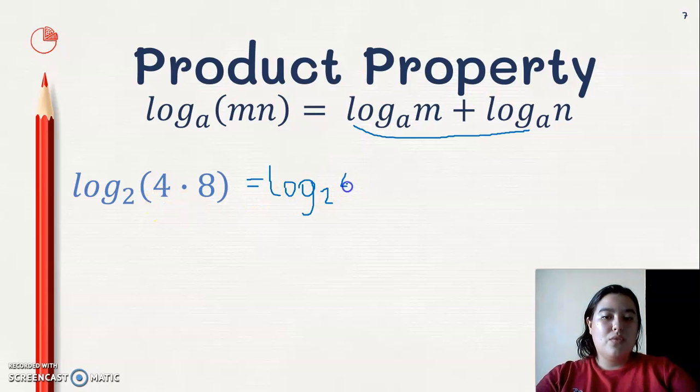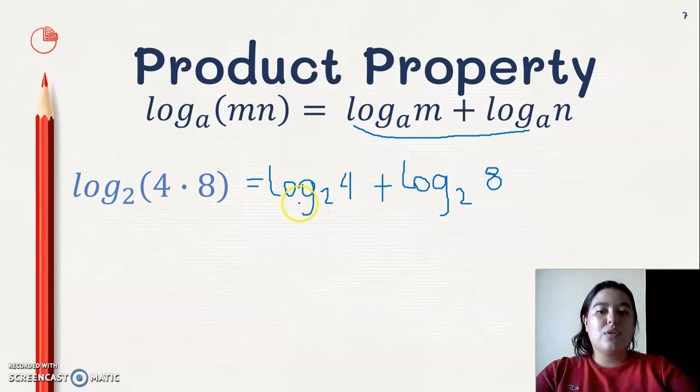So log base 2 of 4. Then we put plus, as in the formula, and log base 2, in this case the base is 2 and the value for n is 8. Okay, so we made the product property.